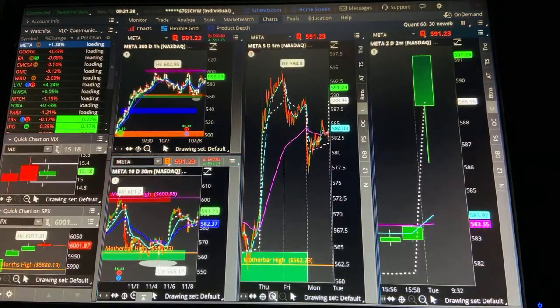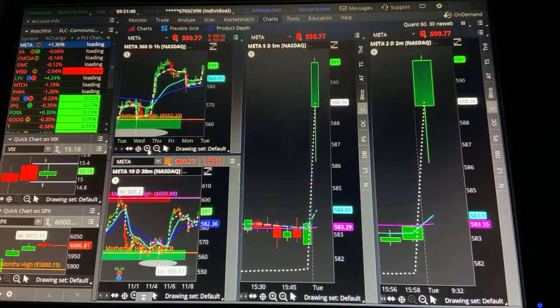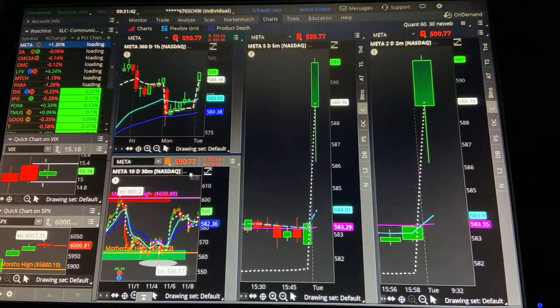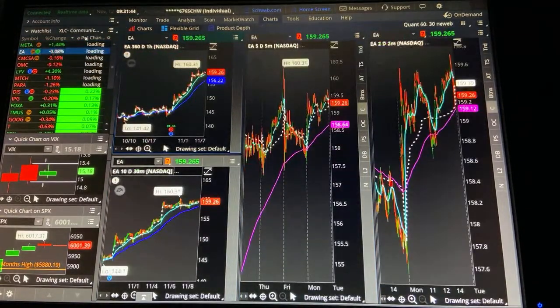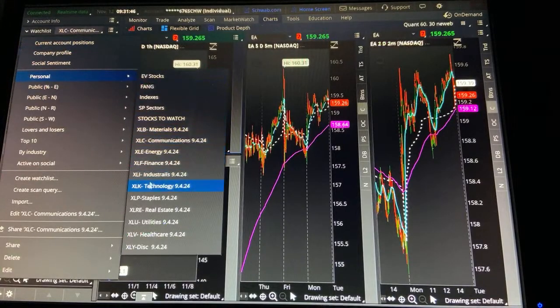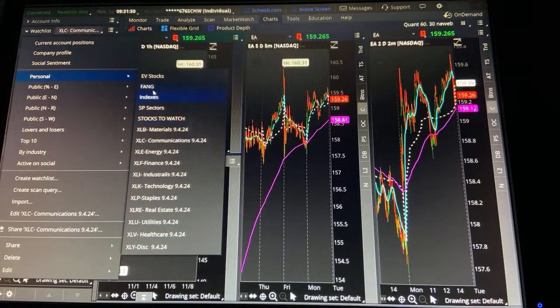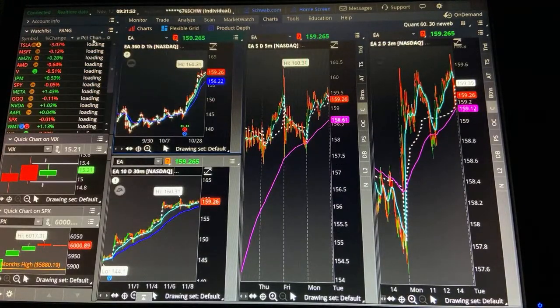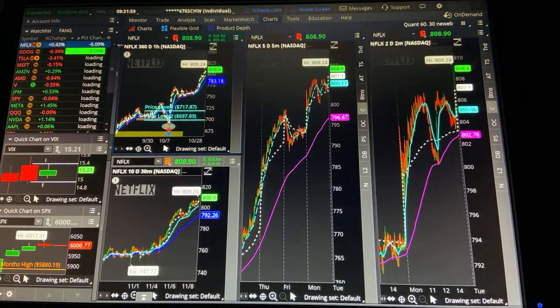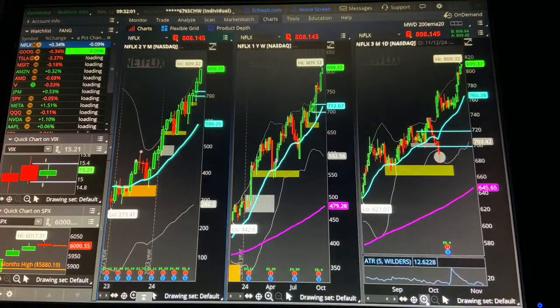As you can see, Meta right out the gate, one of the only ones I had an outside gap. Netflix, all-time highs.